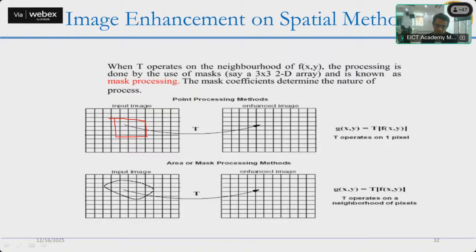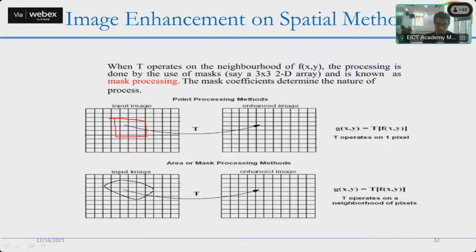Actually, the other 8 values apart from that pixel value also affect the final value of the output pixel. What is being said here? g(x,y) equal to T[f(x,y)]. Our transformation works directly upon that pixel value. This is the area or mask processing method.